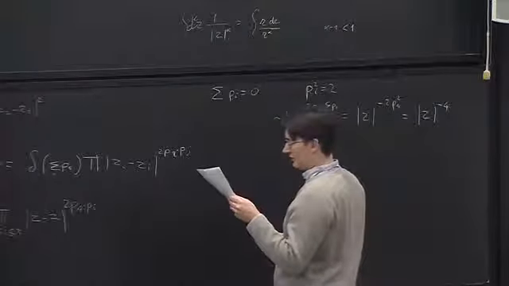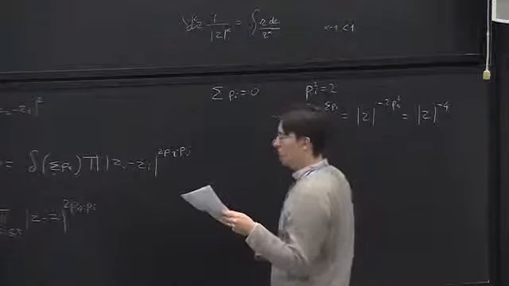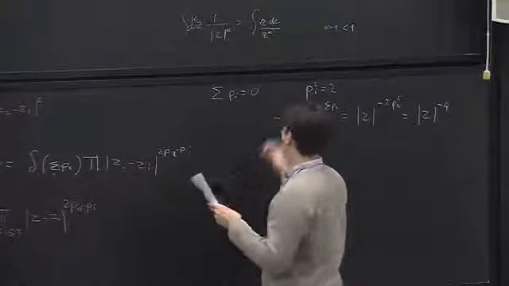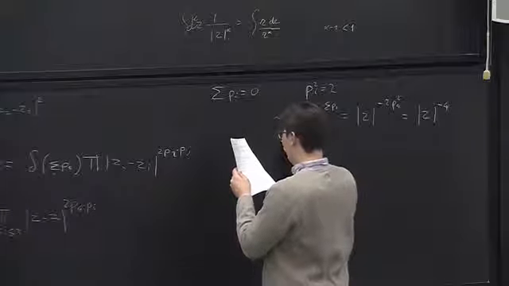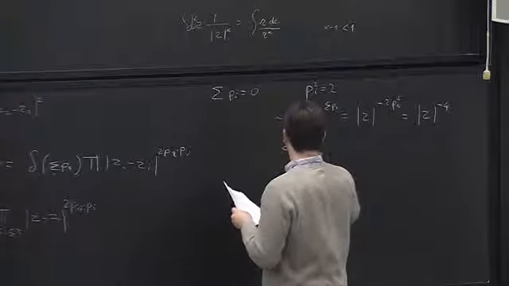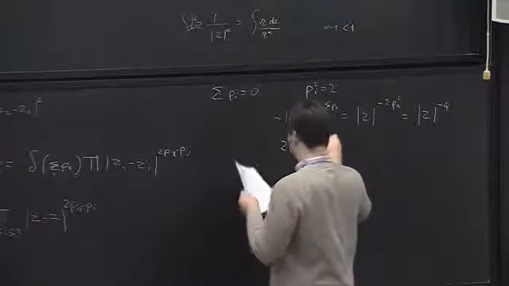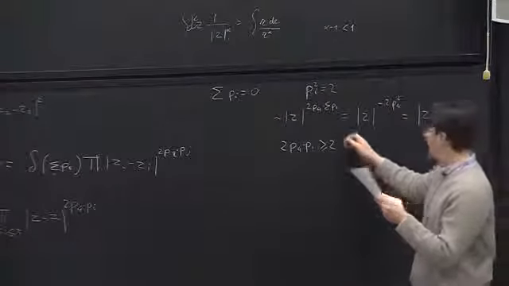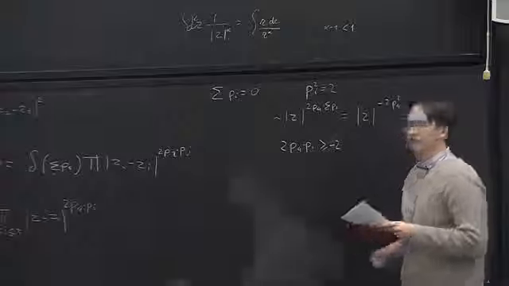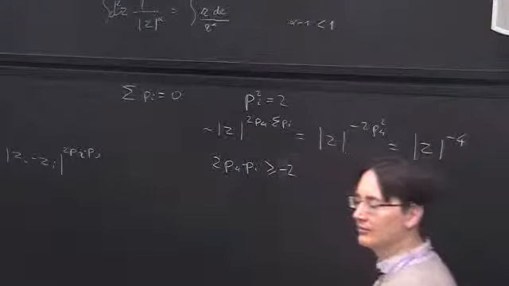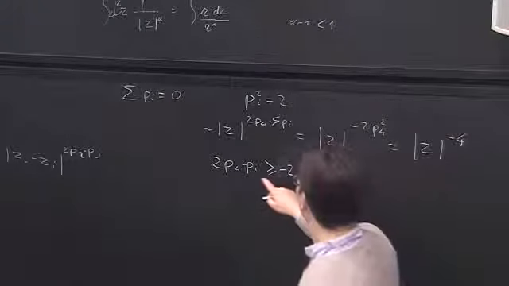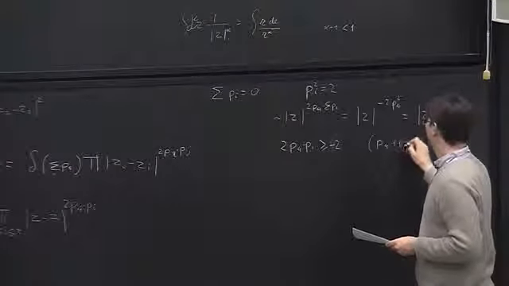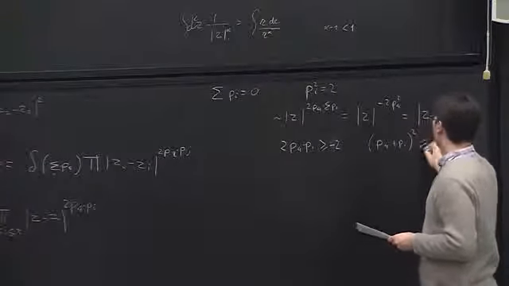So here we need, for convergence, sorry, minus 2. I can also write this condition as p_i plus p_j squared greater than or equal to 2.